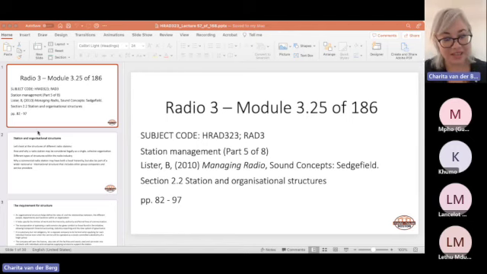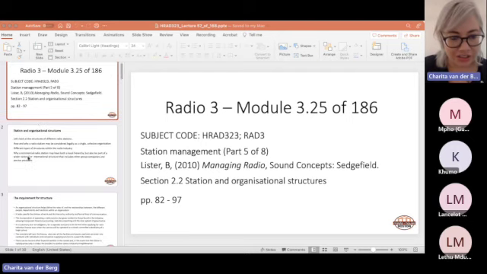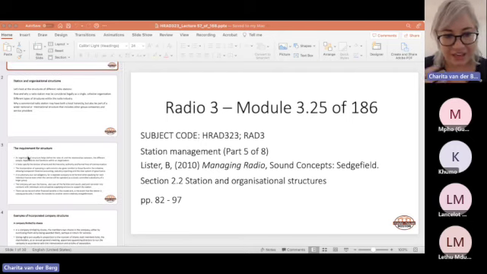So all we've done for the last while is go through the duties, roles and responsibilities of the different people within a radio structure. We've looked at the South African radio structure, and now we've looked at the UK structures and the different types of incorporated company structures.